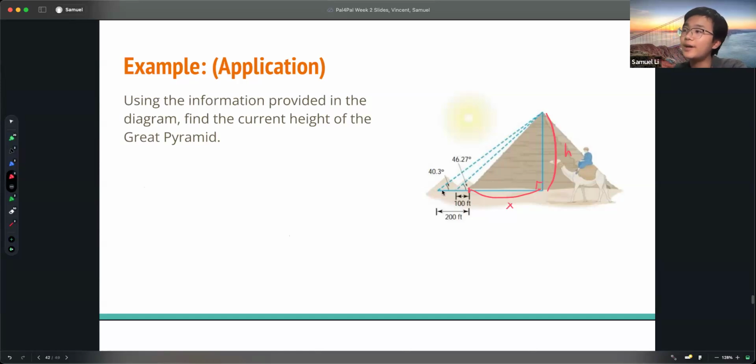Another way you can think about this that uses law of sines is you can find this angle and consider this triangle over here. This angle is calculable. We know this angle, we know this angle, so this angle is just angle 1 minus angle 2. Right here, we know this angle and we know this length.